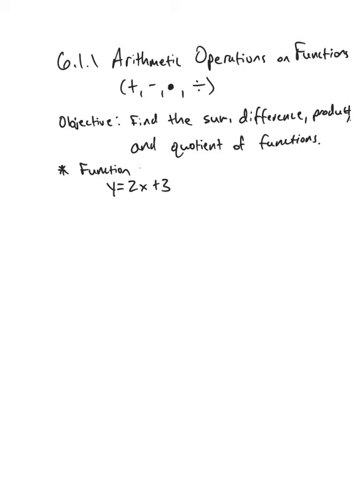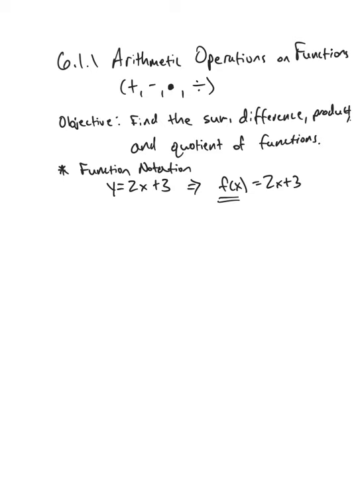Function notation is when we say f of x equals 2x plus 3. Now that's where the range is a function of the domain. So that's function notation, f of x. We're going to use function notation a lot. That's why I wanted to make a quick note of that. But let's get to the operations.